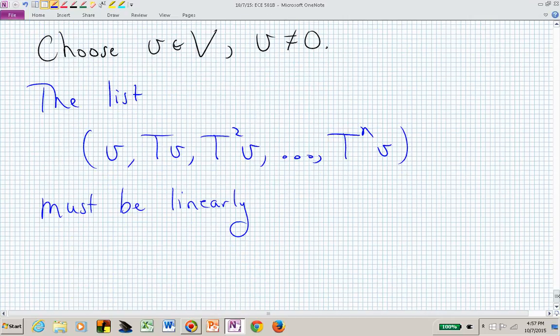Now I give you n plus 1 vectors in that vector space. Are they dependent or independent? Dependent. If I give you 5 vectors in a 4-dimensional space, you know that you have some dependencies among those 5 vectors. So this list of n plus 1 vectors must be linearly dependent.